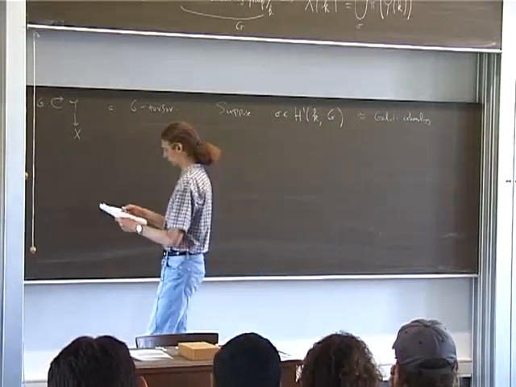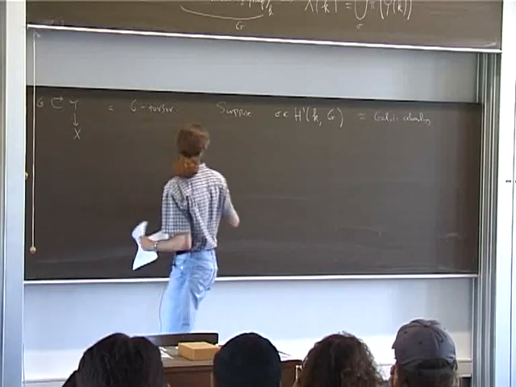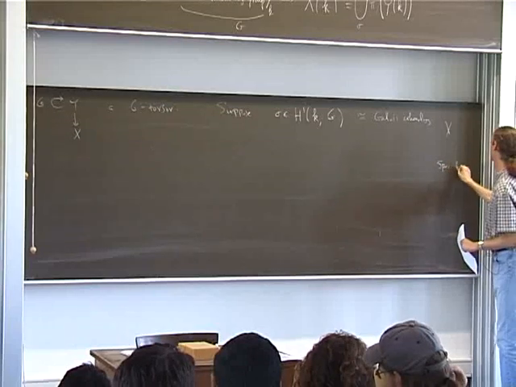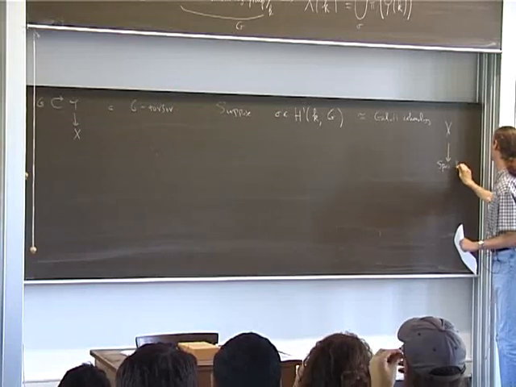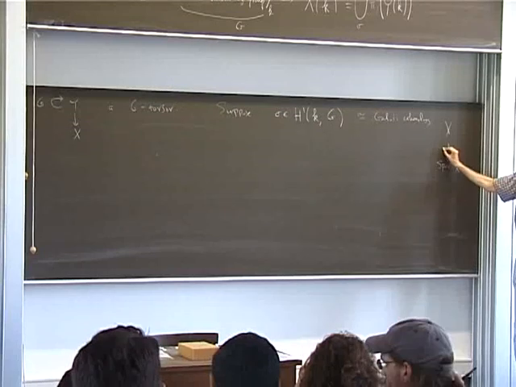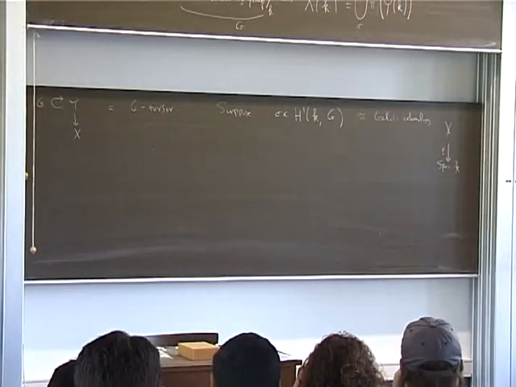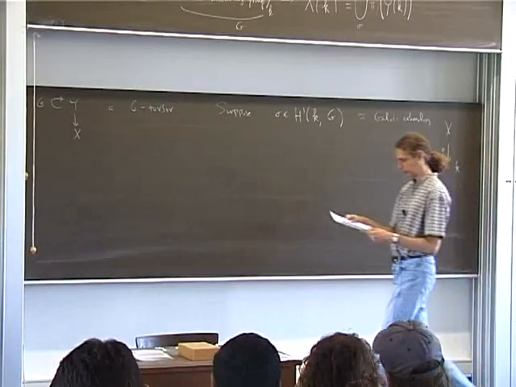Okay, and then we have X to Spec K, and let's just for now call this map P. X is a K-variety, and P is what I'm denoting the structure map by.